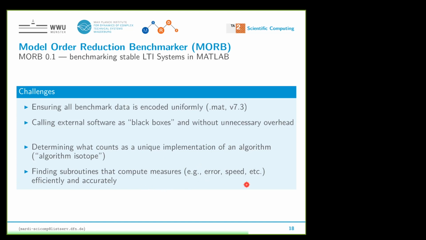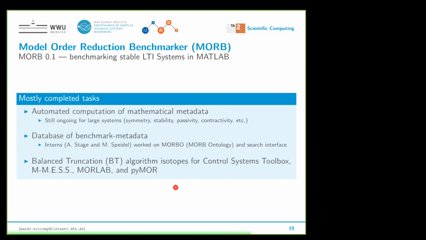And then actually finding subroutines that can compute all the measures that we want to observe is a rather challenging task as well, because for some, there are just no really efficient ways to compute properties. A lot of stuff is already there.